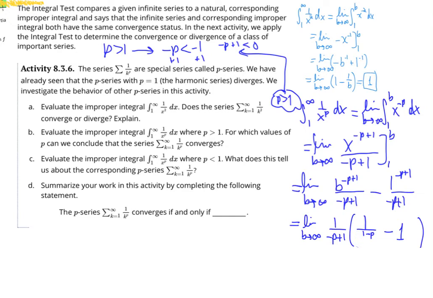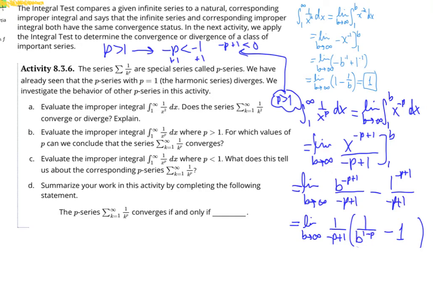Let me make that b look a little nicer. Okay, so what's the limit as b approaches infinity? Well, now we have 1 over b to some positive power, because 1 minus p now is going to be positive. If negative p plus 1 is negative, then the opposite of that is positive.